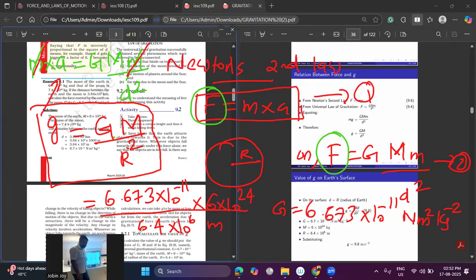When you substitute this and solve, we will get the answer g as 9.8. g is equal to 9.8, and the unit is meter second raised to minus 2, because this is acceleration.